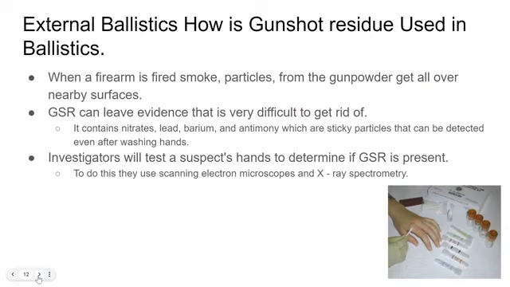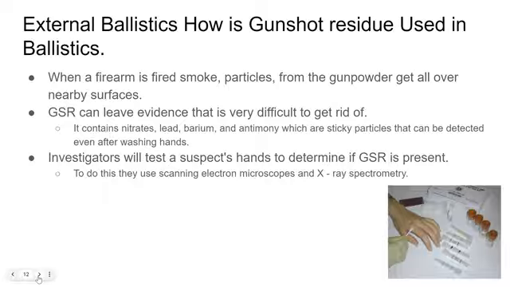In external ballistics, we're looking at how gunshot residue might be used. So when a firearm is fired, smoke particles from the gunpowder get all over nearby surfaces. GSR, or gunshot residue, can leave evidence that is very difficult to get rid of.